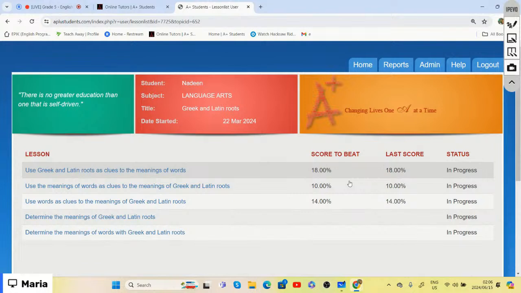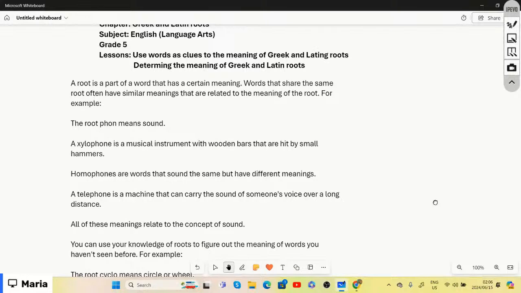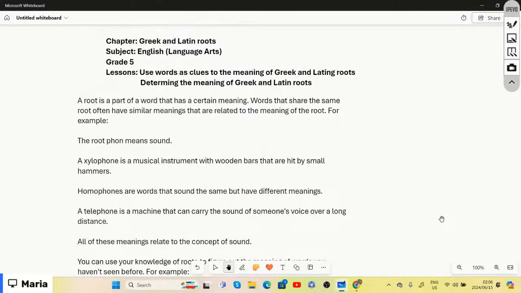All right, so we said our chapter is Greek and Latin roots, our subject is English Language Arts, grade 5.